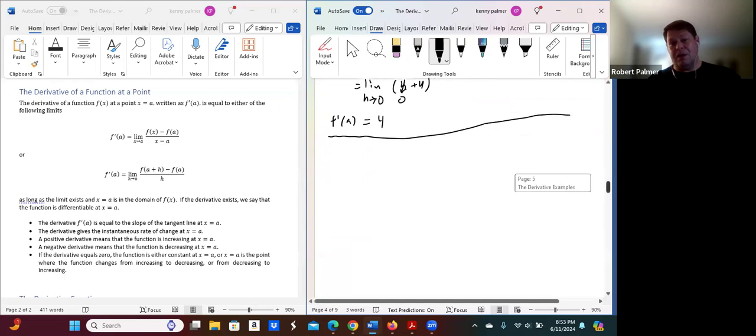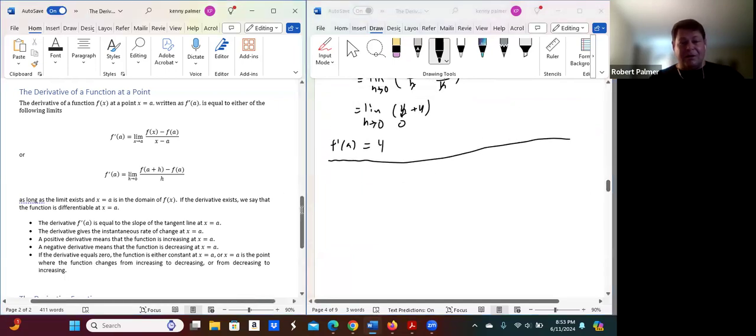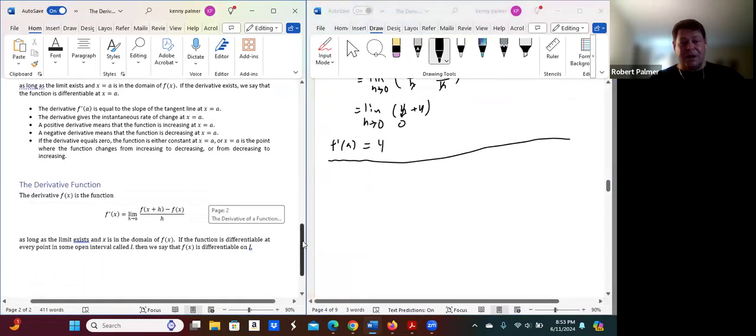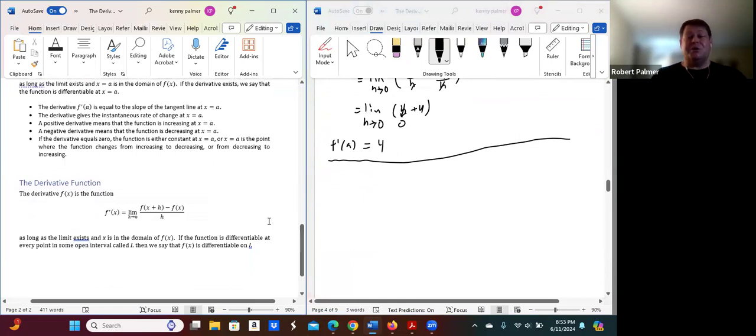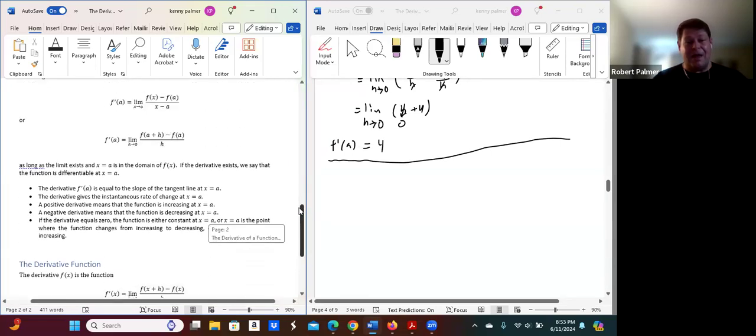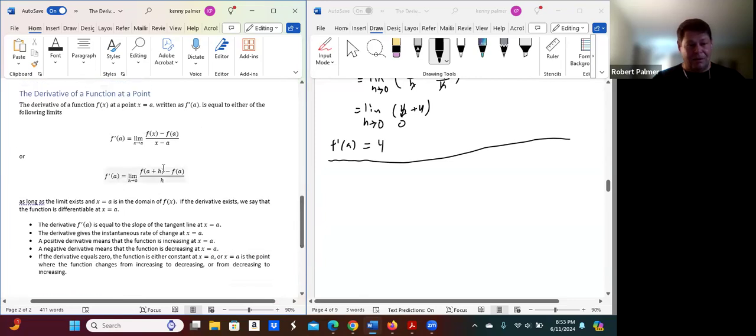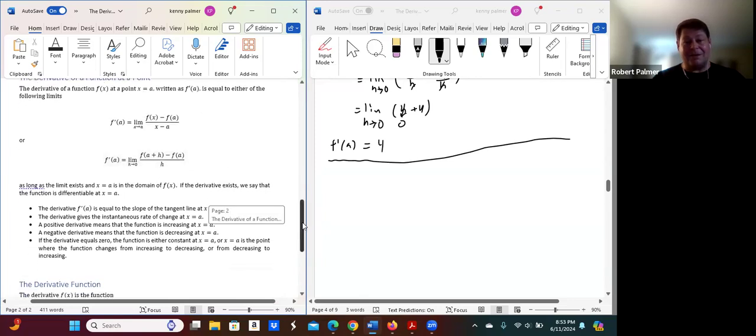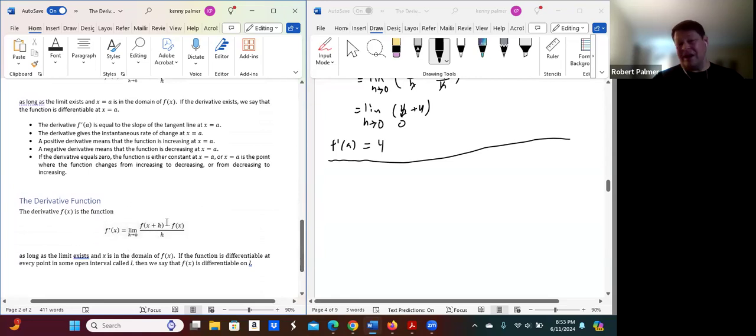All right, so now let's take a look at our final definition, because we can actually do the definition of the derivative as a function. So here is the derivative at a point, a specific point a. We can actually do the derivative in the general sense, doing the same limit, but going back to using x instead of a. It looks exactly the same as what we just did.